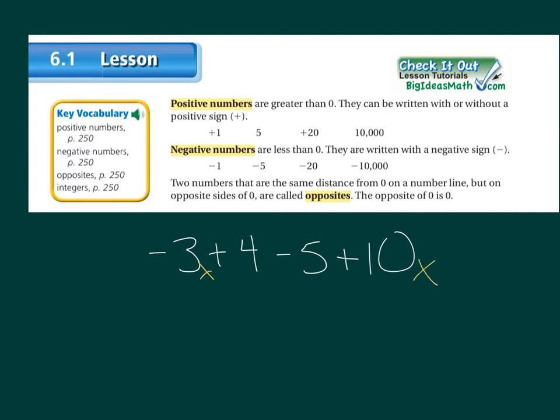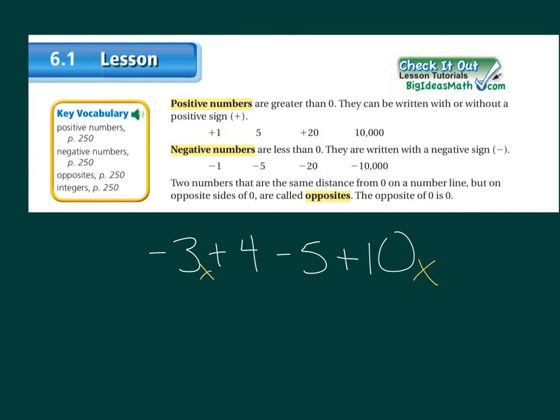We could put variables with them too, and that would change it a little bit. But in terms of what sign is the number, this negative 3x is attached to the 3, so that term is negative. The 4 is positive, so the 4 is going to be a positive number. Again, there's a minus sign in front of 5, so that whole term is negative. Plus sign in front of 10, so that whole term is positive. So that's where they come into it with putting the plus sign in front of those numbers there.